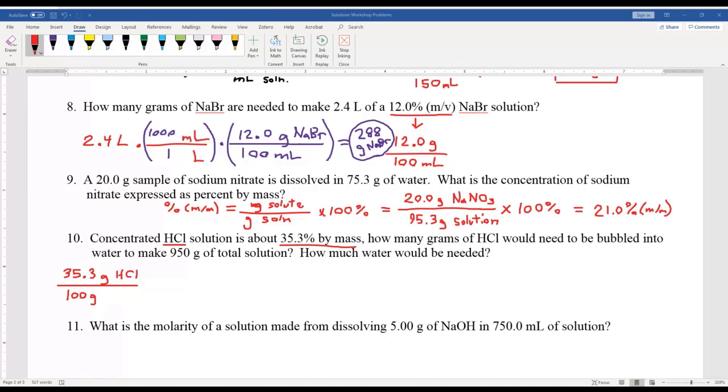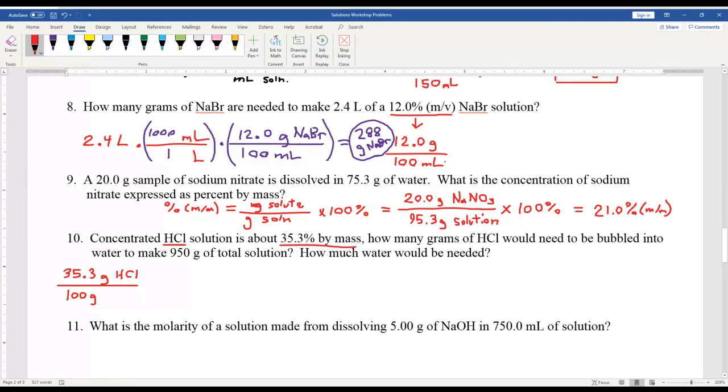And the whole thing is what? It's the total solution, not just the water, it's the whole thing. So the 35% always refers to per 100 of the solution.